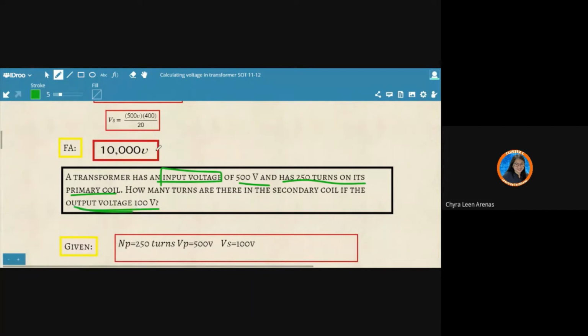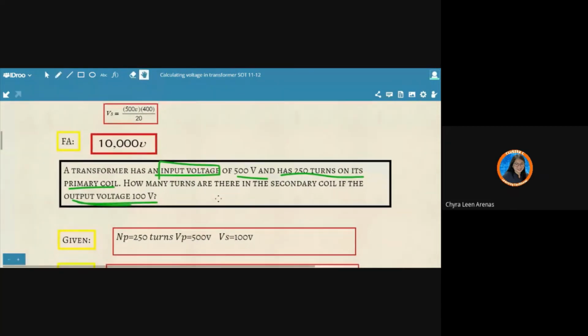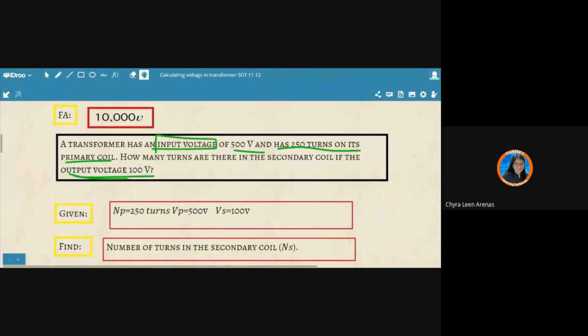So, we already have our find, which is the number of turns in the secondary coil. How can we know that is the thing we have to find? By analyzing the problem. It said here, how many turns are there in the secondary coil? So, automatically, that is the find. Okay? And let's identify the solution by identifying what our given is.